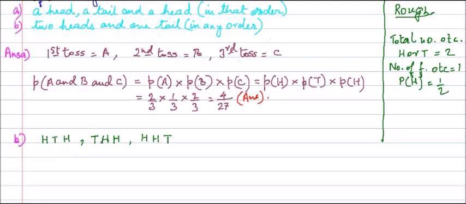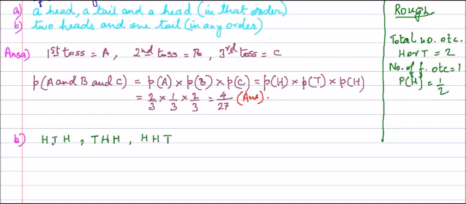Now, these 3 are exclusive events, because having a head in the first toss, a tail in the second toss, and a head again in the third toss is completely independent, and we cannot have this sequence and the second sequence or the third sequence simultaneously. All these are exclusive. The occurrence of one eliminates the possibility of occurrence of the other 2. So these 3 are exclusive events.